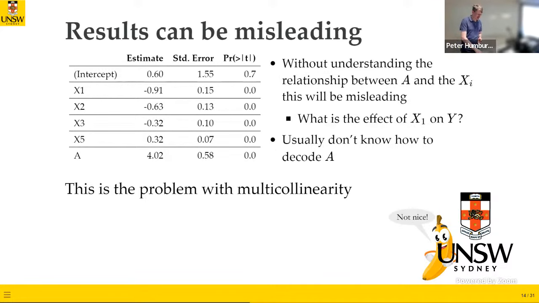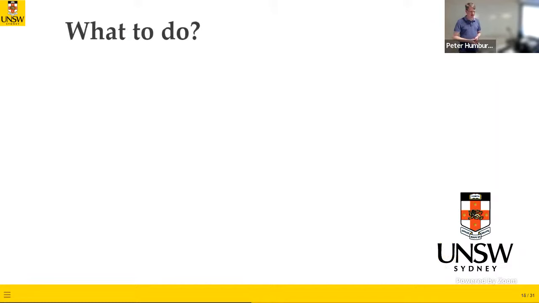So the question is what to do, right? So you have some data and you think there might be multicollinearity and you have to deal with it, right? So the first thing, of course, is you need to be aware of the problem. And so what we'll do is we look at ways to diagnose multicollinearity.